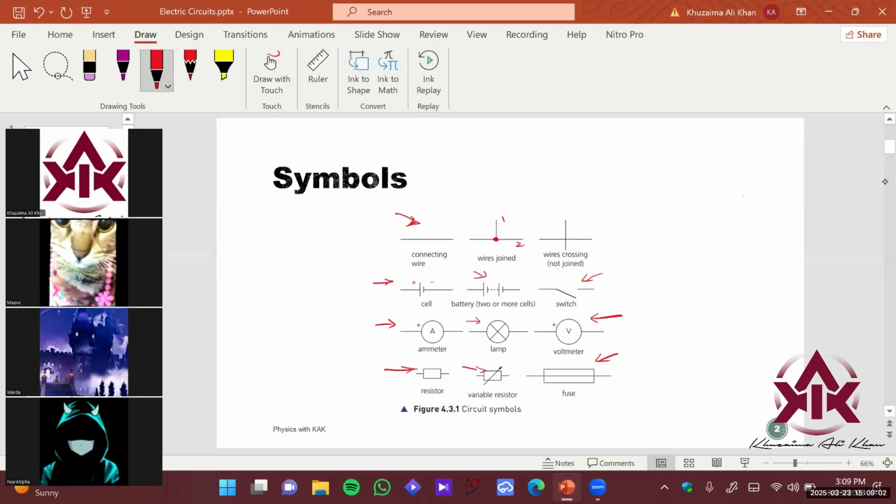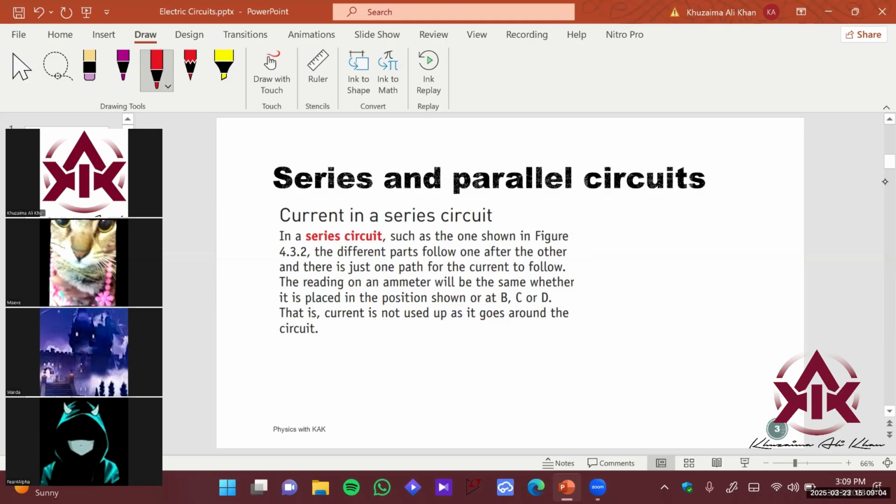These are the symbols, and let's move on to see some combinations of circuits. We can have connections of components in a circuit in series or parallel. Can anyone share what the series connection will be here?